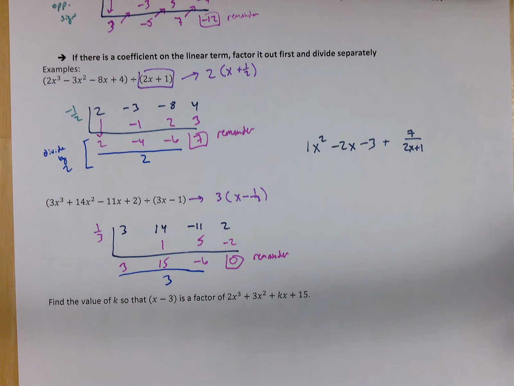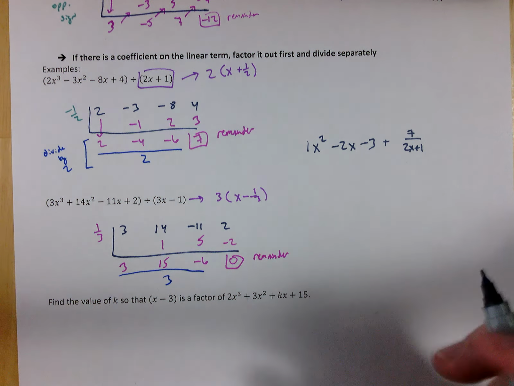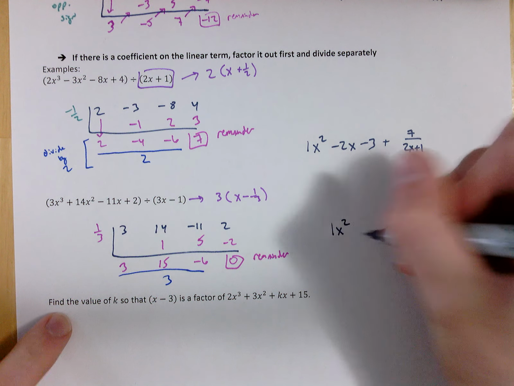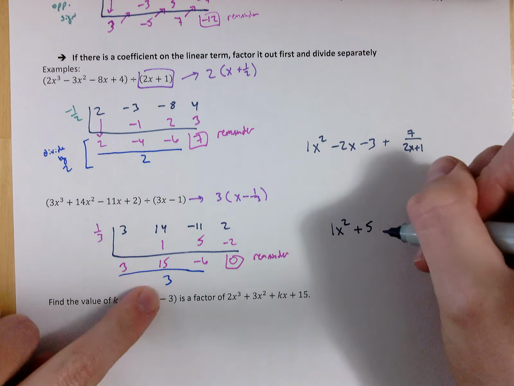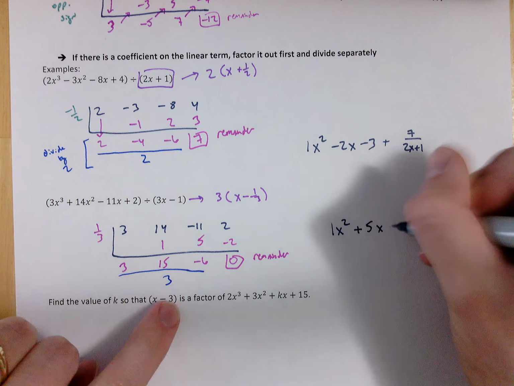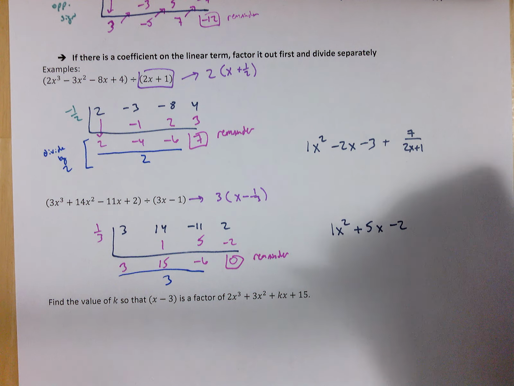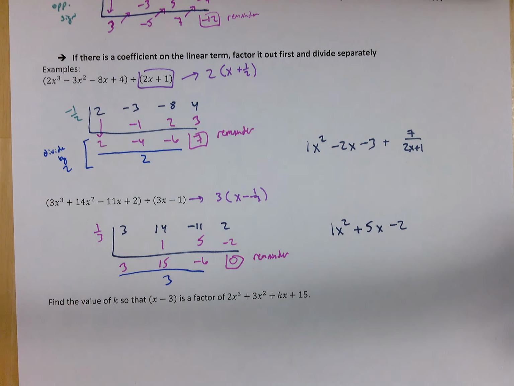So I have to divide this by 3, and that's going to give me my final answer. One exponent lower, so 3 divided by 3 is 1x squared plus 5x minus 2. And the remainder is just 0, so that's my full answer. No need to write a fraction for 0.